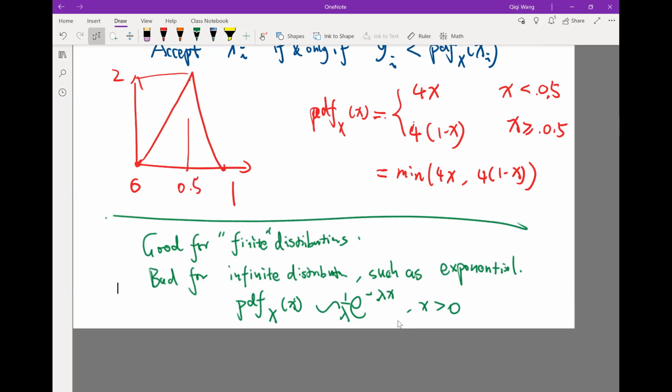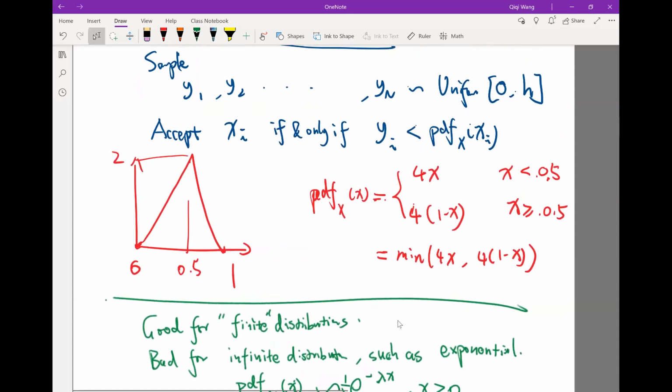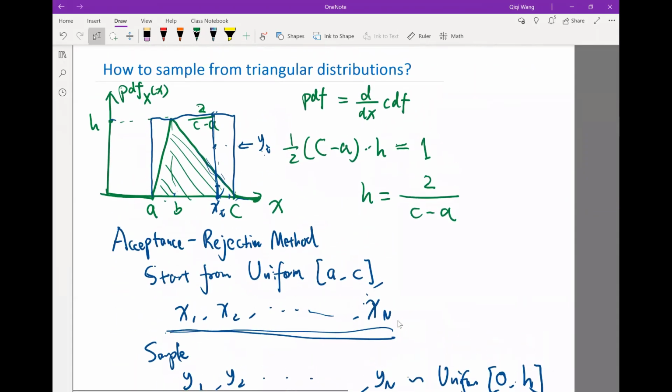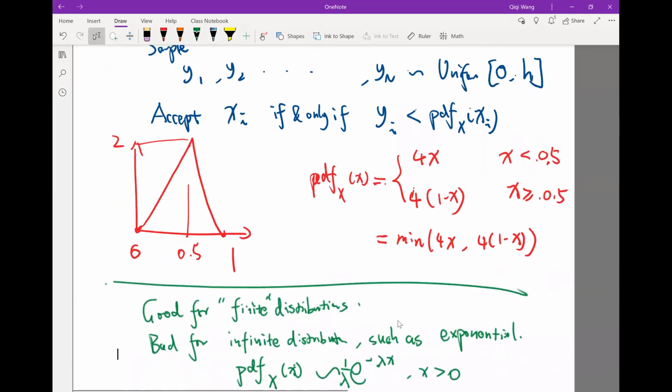The probability is always there, no matter how big x is. So this kind of infinite distribution with a tail doesn't really work with our acceptance rejection method, because you are required to construct a uniform distribution that covers the entire range, and you cannot have a uniform distribution that covers from 0 to infinity, can you?